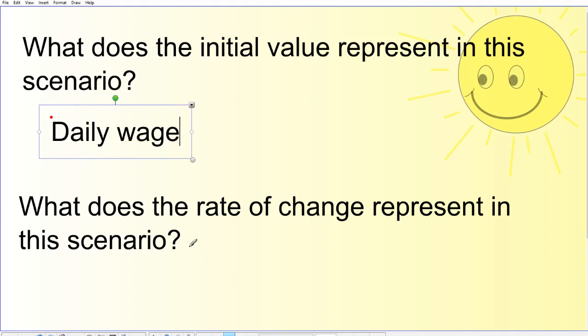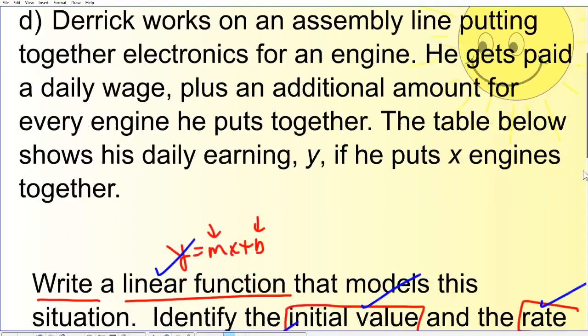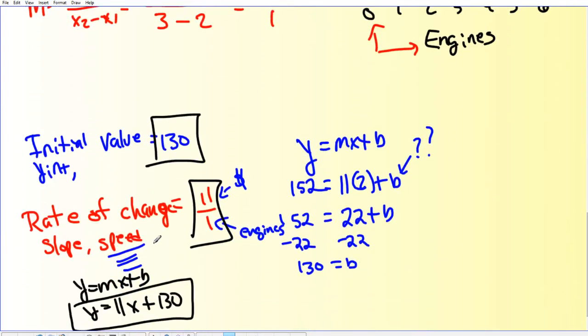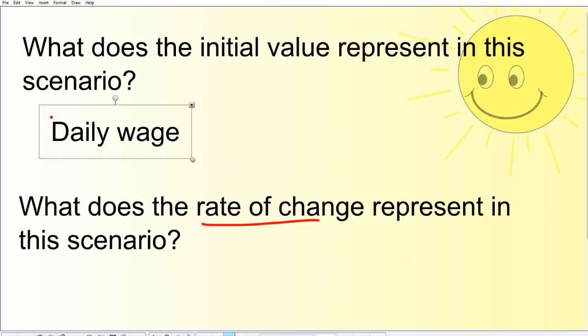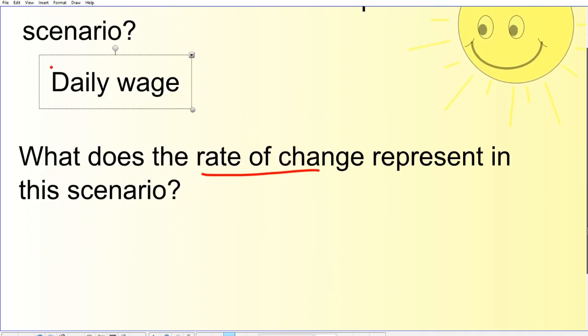Okay, next question says, what does the rate of change represent? If we go back, we said the rate of change was 11 over 1. That's the slope, the speed. I even have some units here. So that rate of change is the amount of money he makes for each engine. So he makes $11 for putting together one engine. What does the rate of change represent?